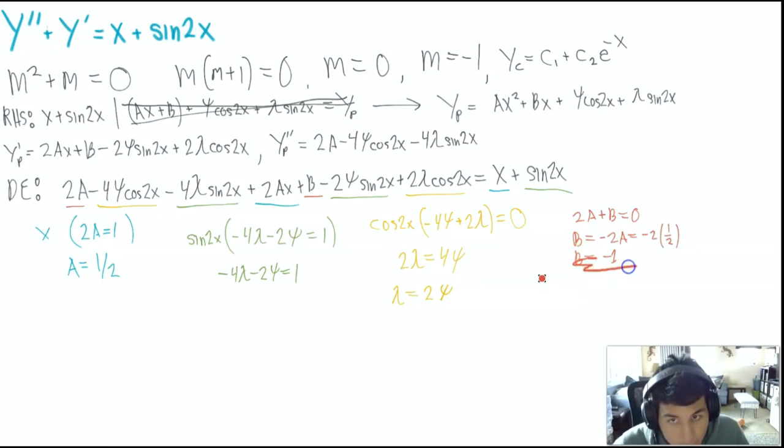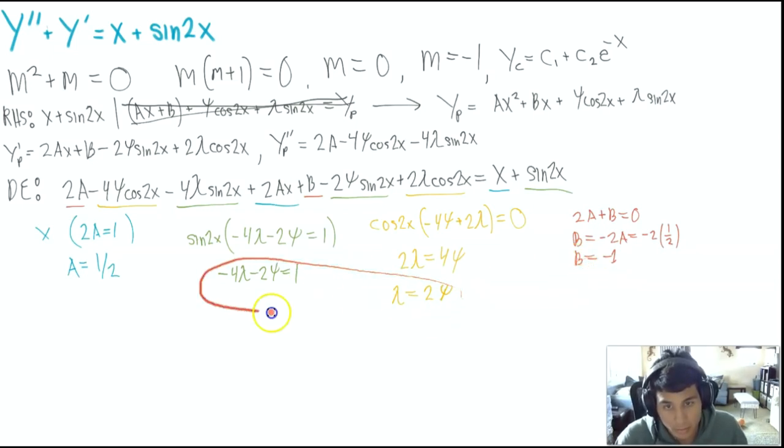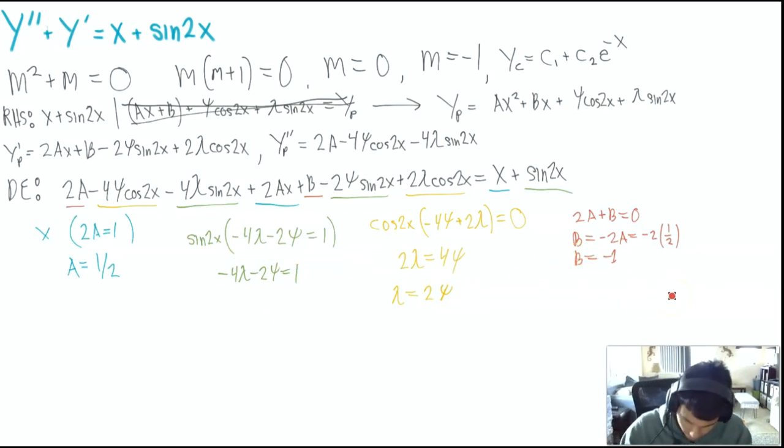So, almost done. We just need to solve this array. Okay, what color am I going to use? Black. I'm going to go back to black. So let's plug this into this lambda.